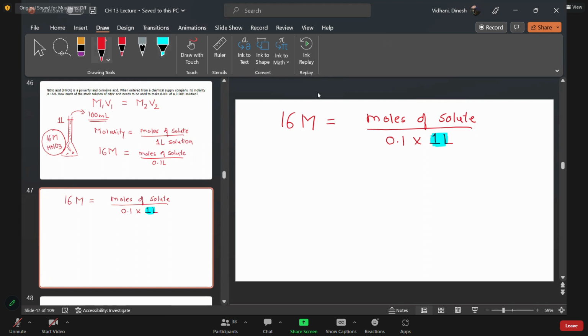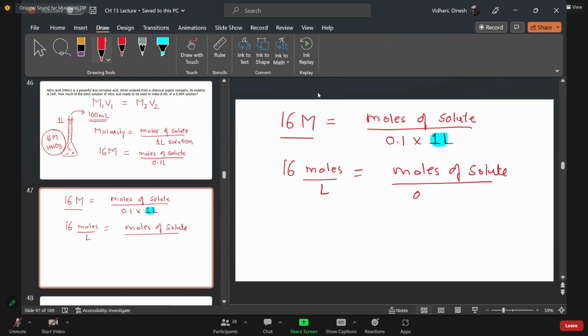So I can simply write my 16 molar. I can expand the units for molar. That's going to be 16 moles per liter. I can do that, right? Now, essentially I can rewrite it as moles of solute.